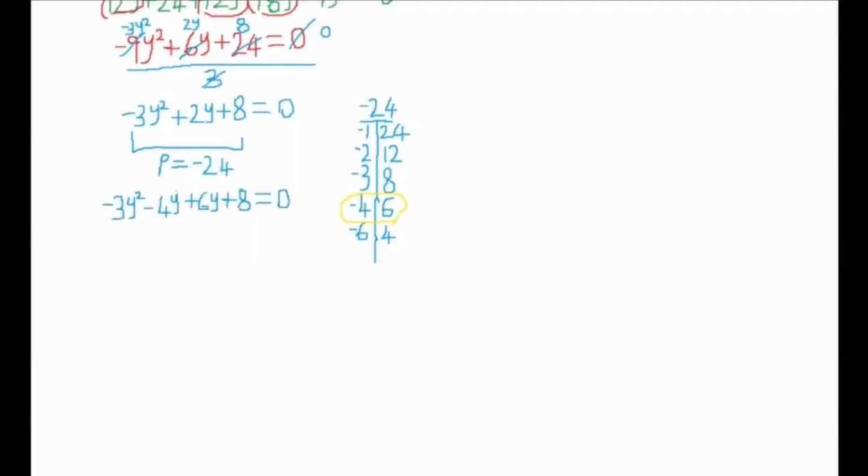Okay, so it will be negative 3y squared minus 4y plus 6y plus 8 is equal to 0. Now let's factorize this one.